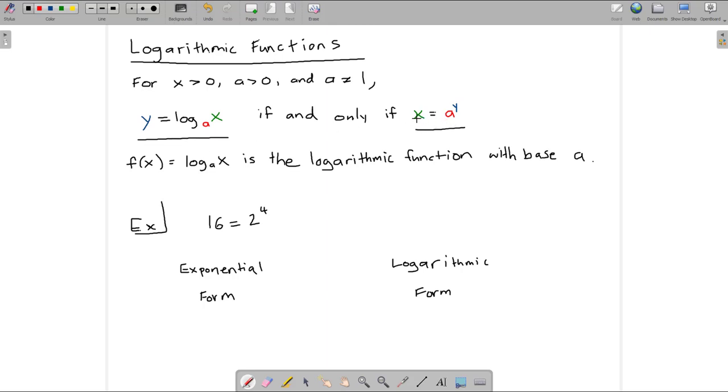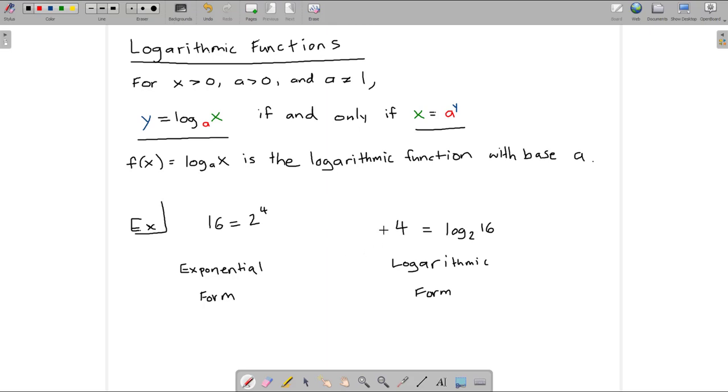So the 16 is our x, so that becomes the argument of my log function. My base is this a, so that's 2 in this case, so that becomes the base of my logarithm as well. So log base 2 of 16. And then the y is my power, the exponent on the base. So here, that's 4.